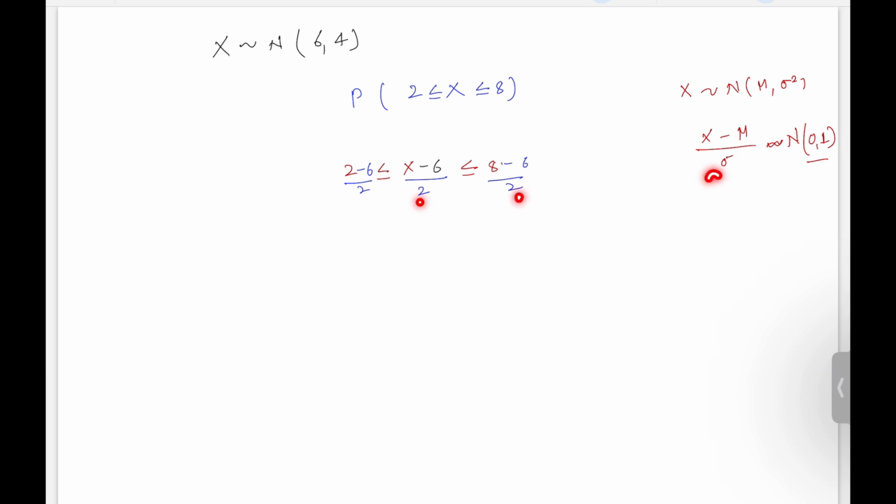We have carried out the same operation on both sides.